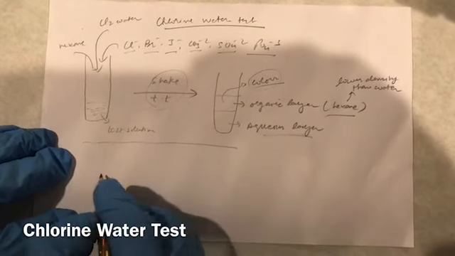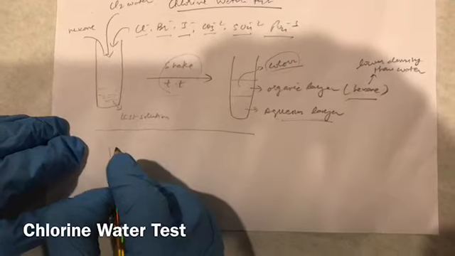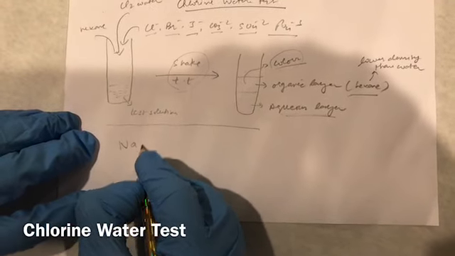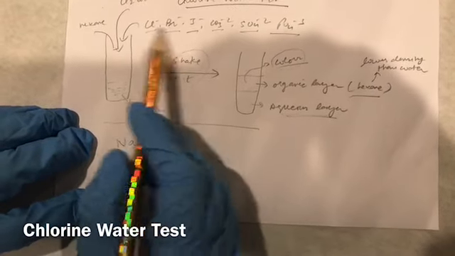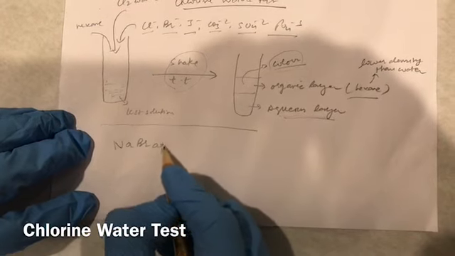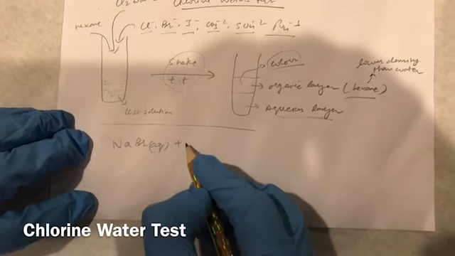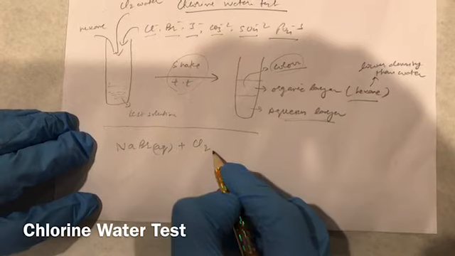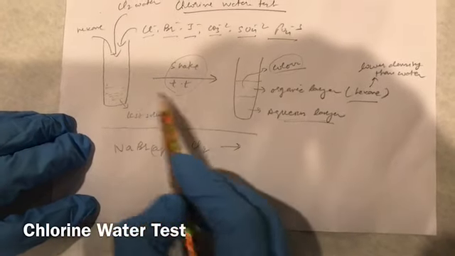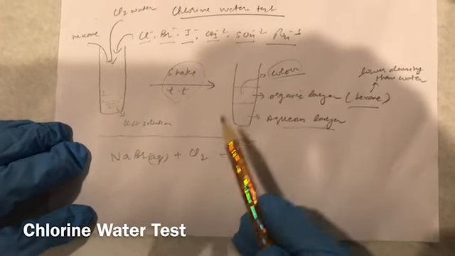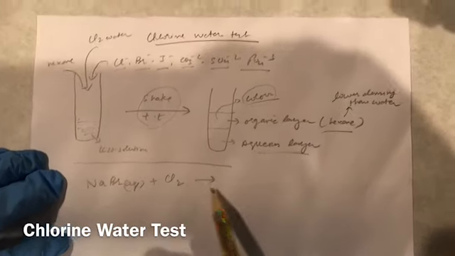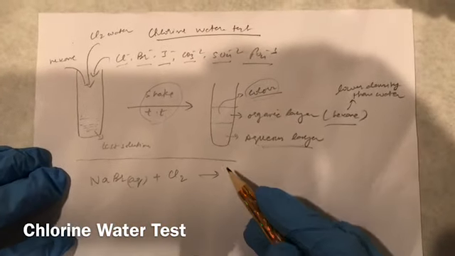So what happens actually is a single displacement reaction. Let's say you use NaBr aqueous, and then add chlorine water to it. Chlorine water is basically water through which chlorine gas has been passed, so it's chlorine mixed with water.